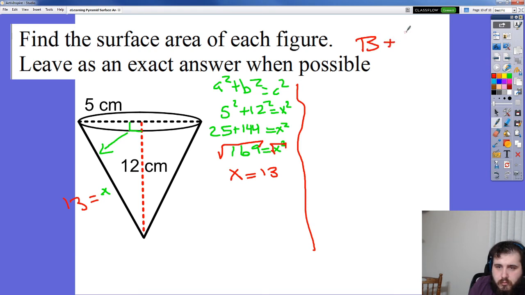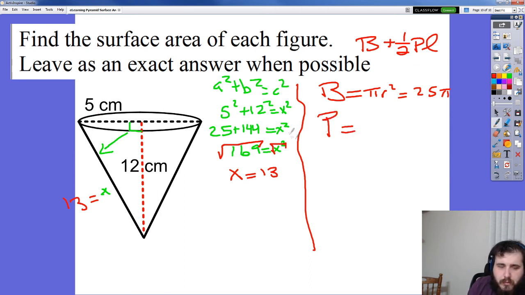B plus 1/2 PL. Well, your base, that's pi r squared. That's 25 pi, because your radius is 5, so 5 squared is 25. Perimeter, well, you got to have the diameter for that one.